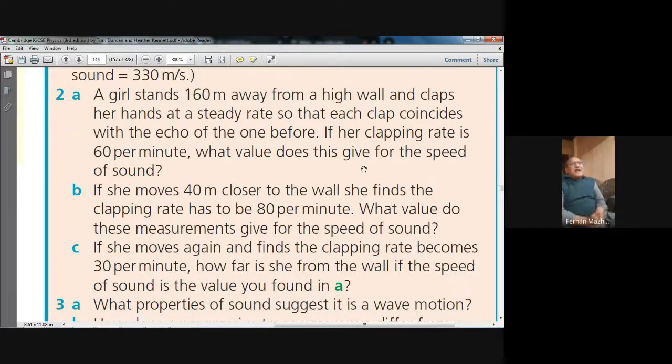A girl stands 160 meters away from a high wall and claps her hands at a steady rate so that each clap coincides with the echo of the one before. If her clapping rate is 60 per minute, what value does this give for the speed of the sound?